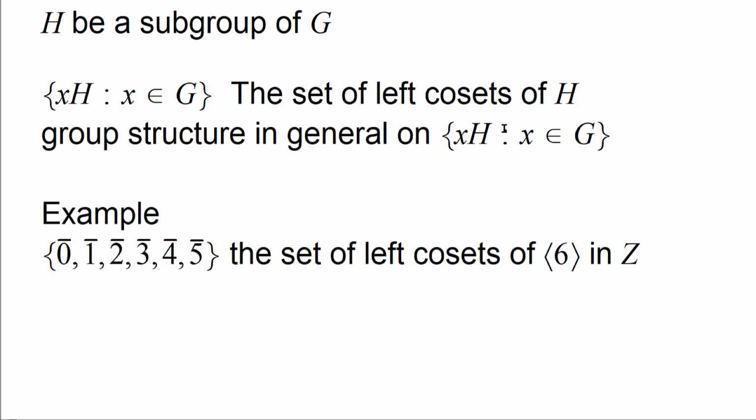All right. So if we do that, then we may propose a binary operation like this: XH, and say we have another element, let me put that in parentheses just to distinguish them, YH.